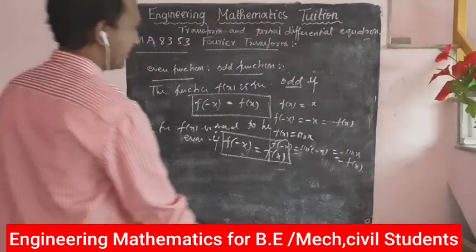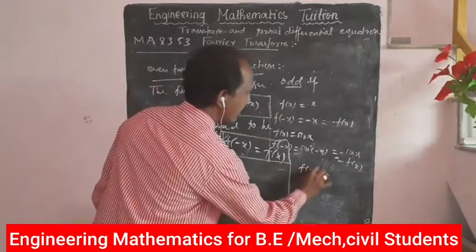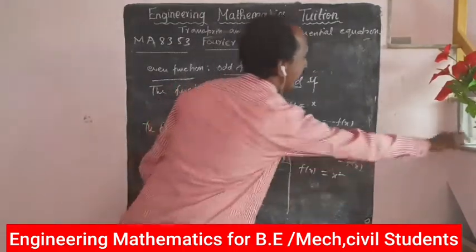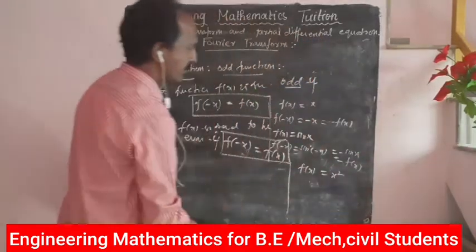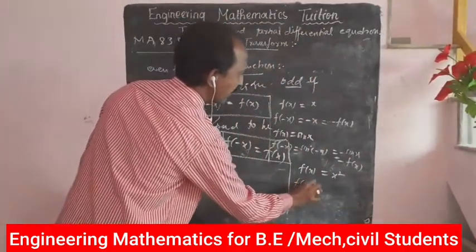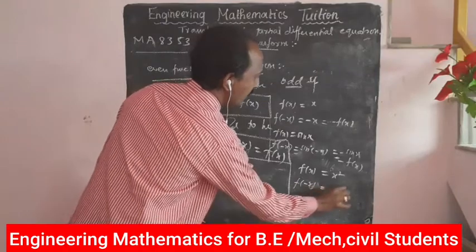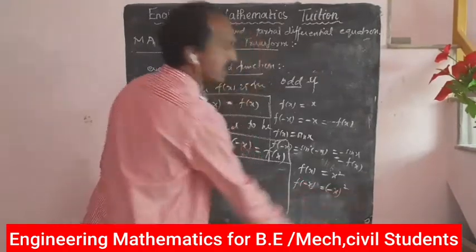For example, f of x is equal to x squared. f of minus x is equal to minus x the whole squared.